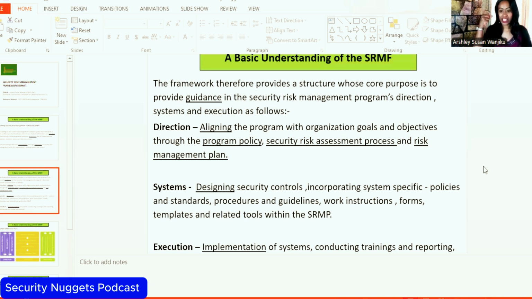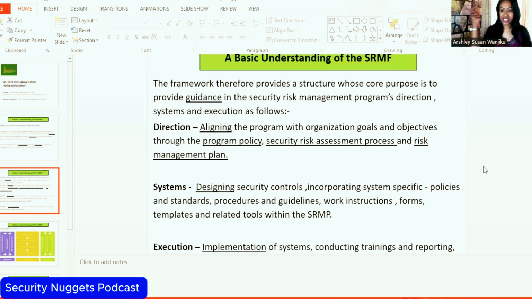Again, we have the risk management plan under the direction. Once the security risk assessment process is done, a risk management plan is formulated, giving guidance and direction on how to move forward as far as designing systems and implementing them is concerned.